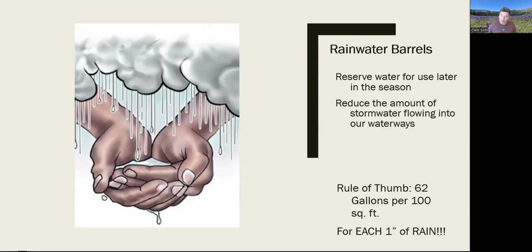Now, that water when you're using it in the future, it's not going to be runoff water. You're applying that directly to the landscape, benefiting your soil and your plants. Again, that's a benefit to your landscape, but you also need to consider how much of an insignificant benefit that is for our waterways. Every little bit helps.